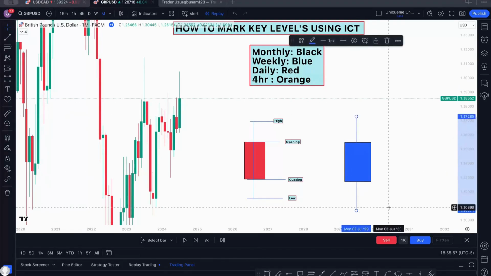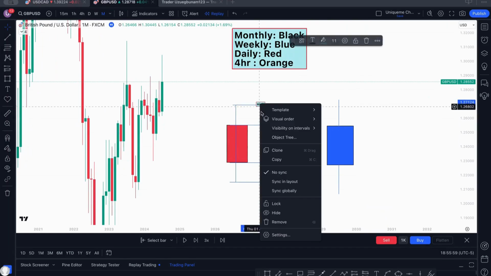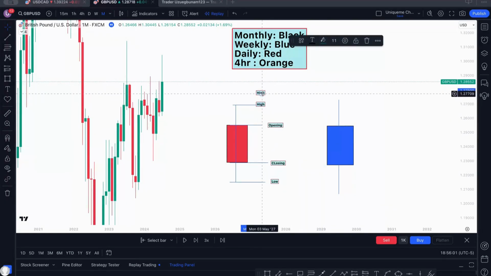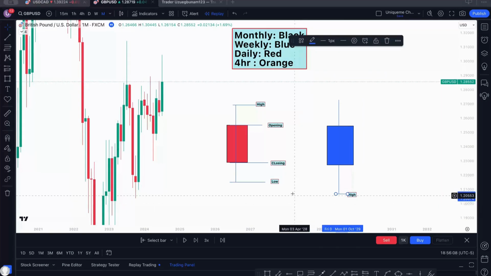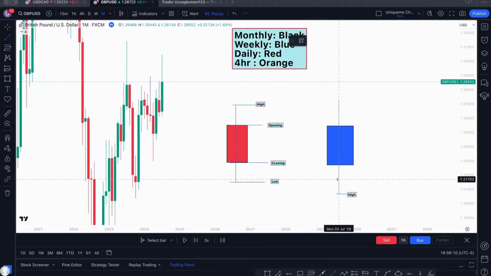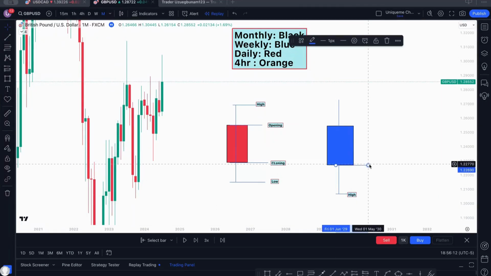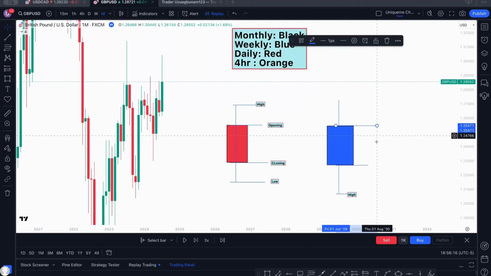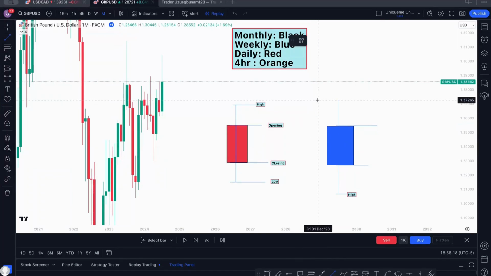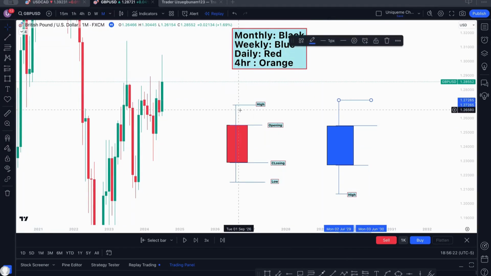On a bullish candle, we have the high here, our opening price here, our closing price here, and our low here, which I'm going to label for you to understand.